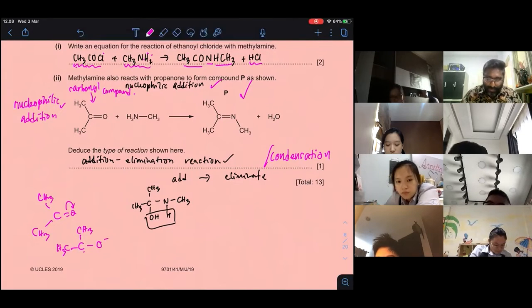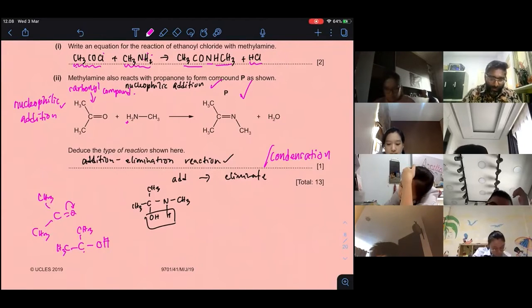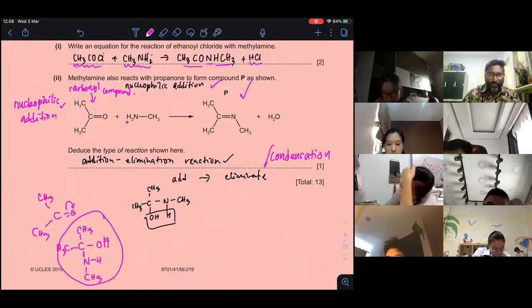Now this O minus will join with one of the hydrogens here, so it will give you OH. And the remaining compound will come and join over here, which is N, remaining with H and CH3. You are going to get this compound.